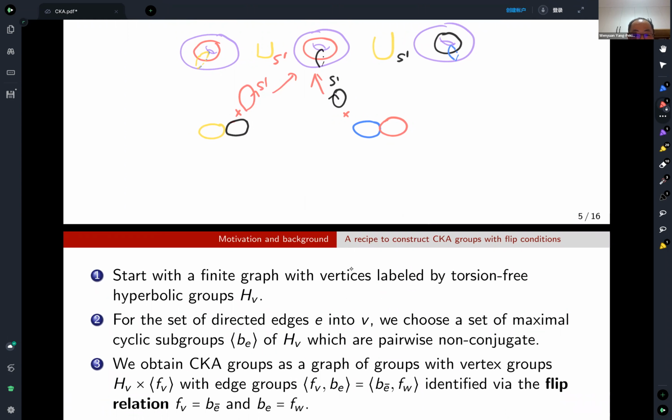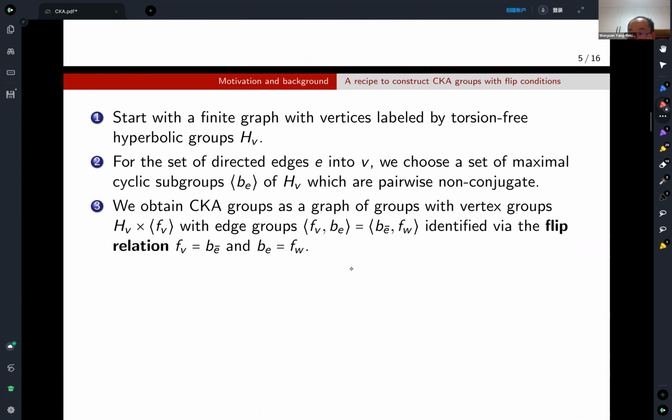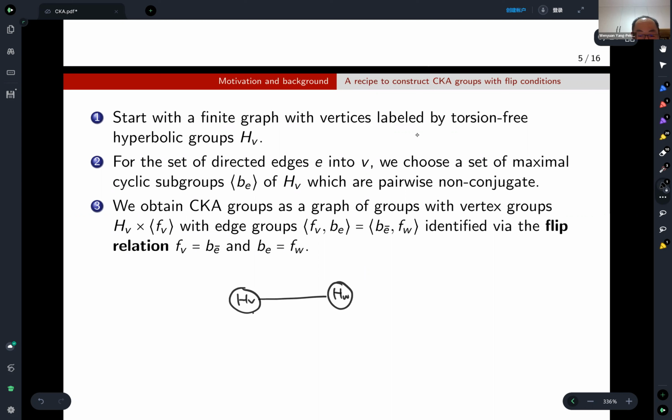Let me make some cartoon here. Then for each edge entering into these vertices, we choose a set of maximal cyclic subgroups, which are pairwise non-conjugate.